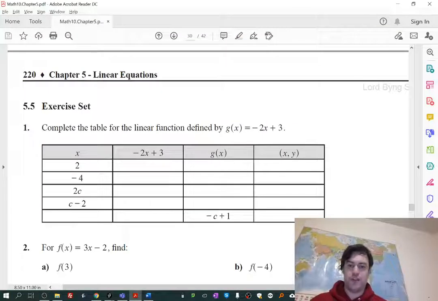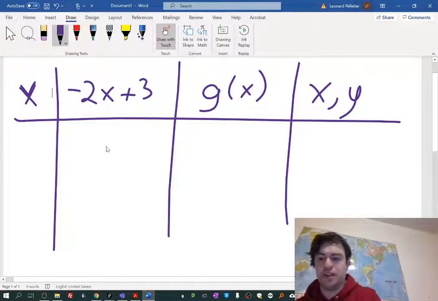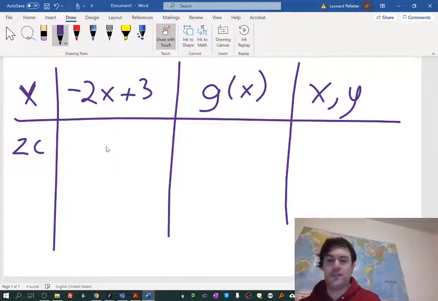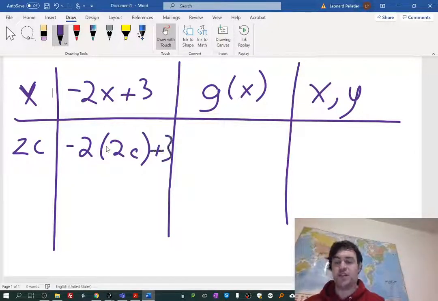Okay, so I think a lot of these will be pretty straightforward, at least this one. What about 2c? Well, you can plug 2c in for x. It's not super pretty, but if x is 2c, then this becomes negative 2 times 2c plus 3. Okay, great. Try to simplify it as much as you can.